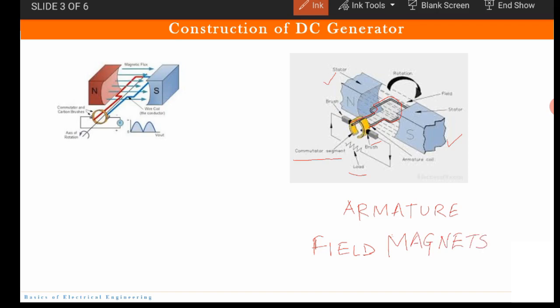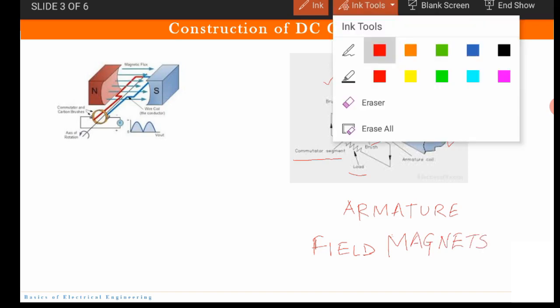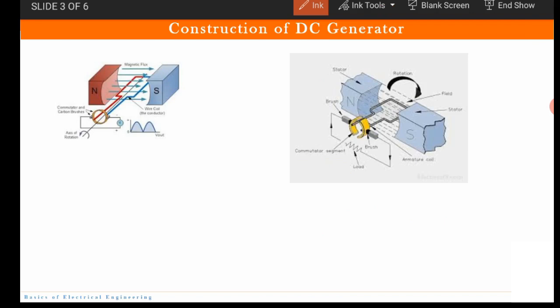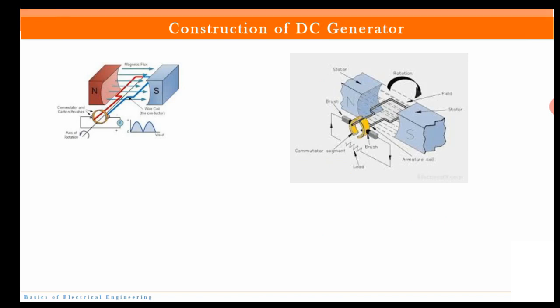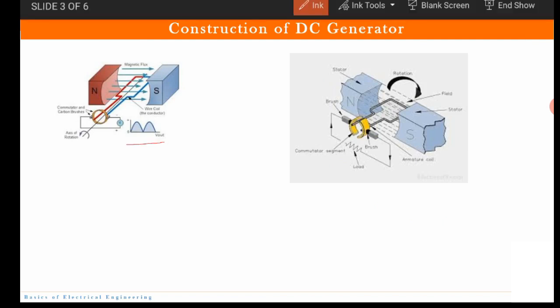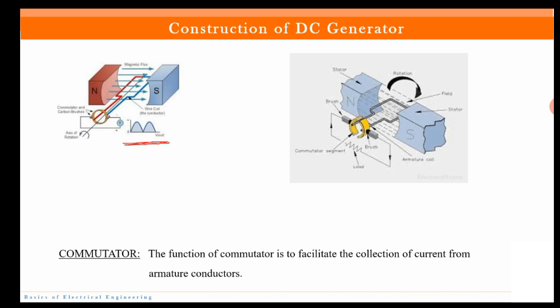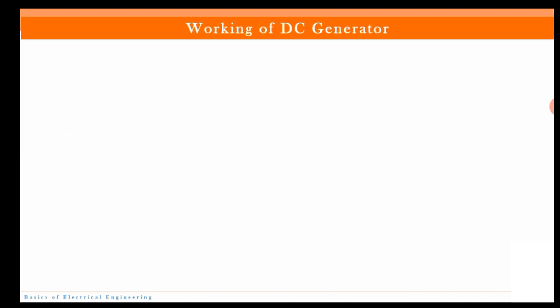These two things are very important. And this is the output of the generator. So this is how the signal is generated. The job of the commutator I have already explained.